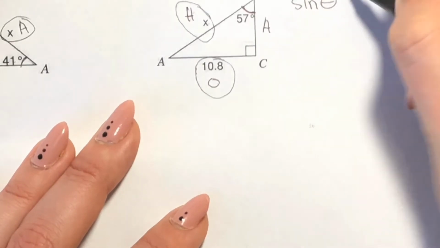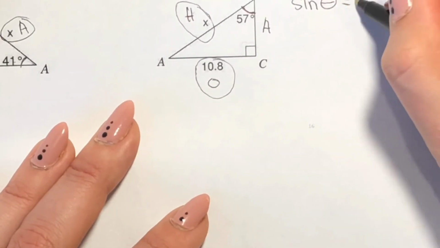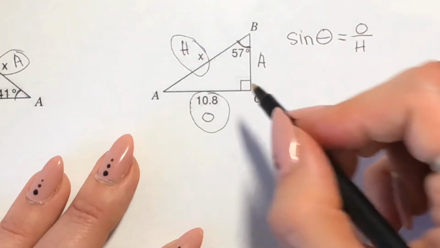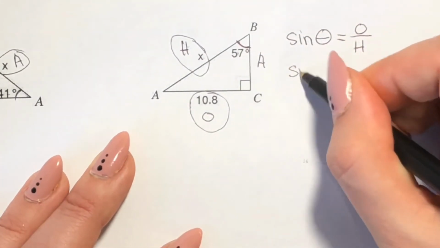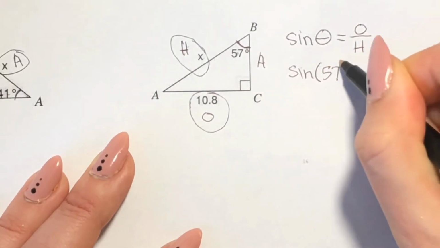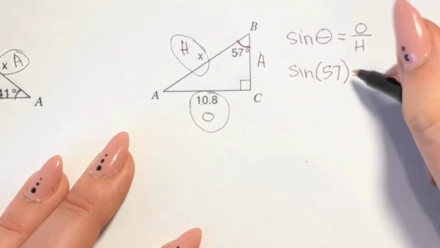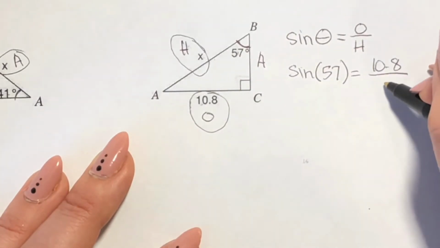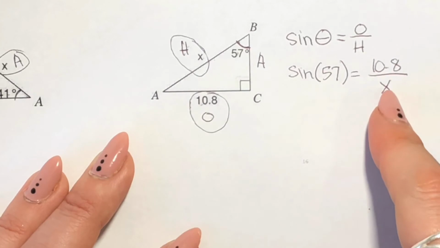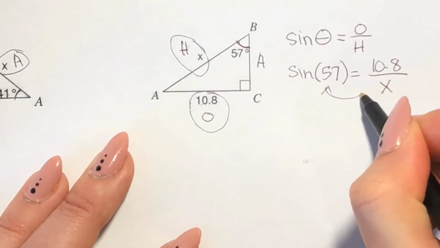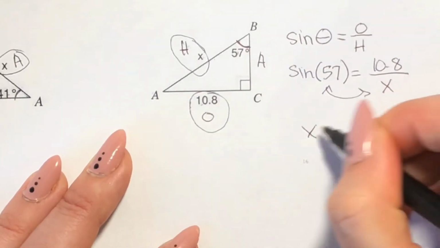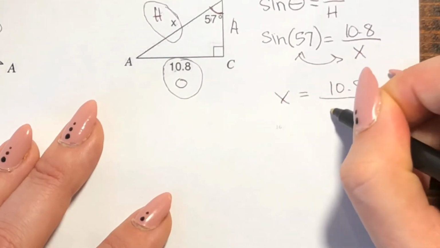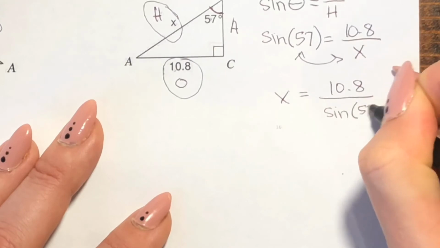So sine of the angle equals opposite over hypotenuse. We're just going to plug it all in. So 57 is our angle. So sine of 57 equals the opposite side, 10.8, over the hypotenuse, x. And again, whenever the x is in the bottom, we're just going to switch these guys' places so that I get x is equal to 10.8 divided by sine of 57.